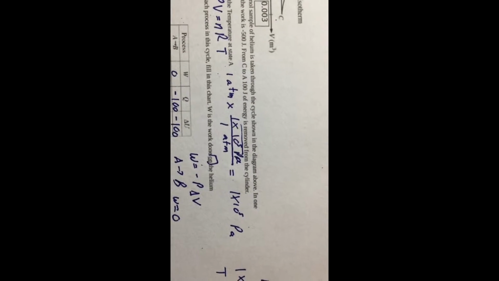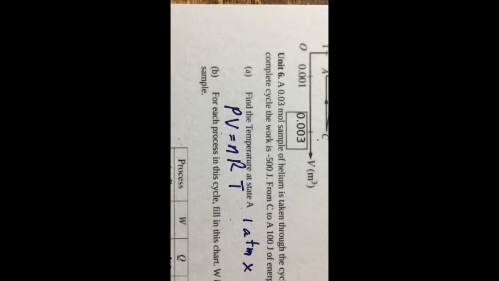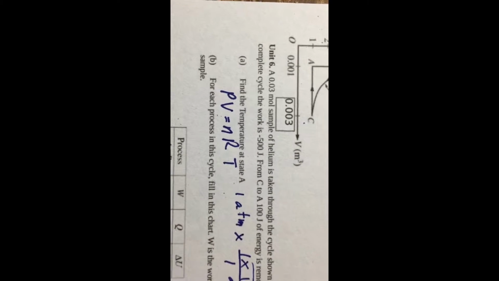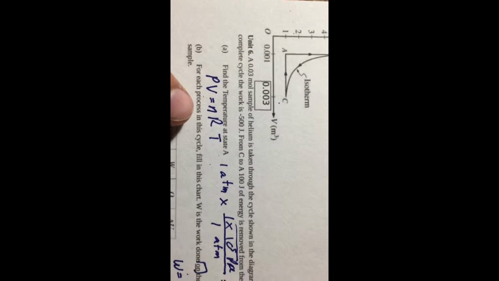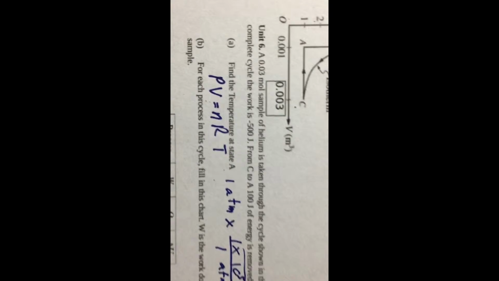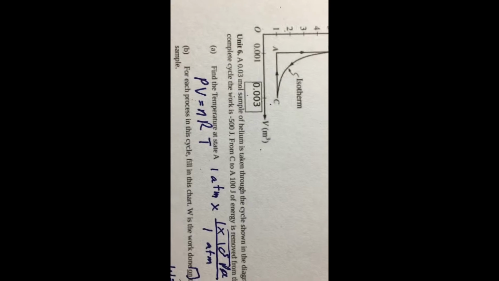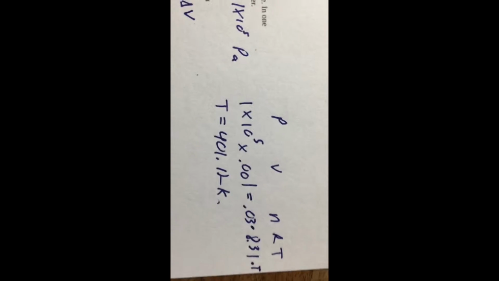Then, using the equation PV equals nRT, we can use the pressure that we now have, the volume, n, the number of moles, and R, the gas constant, to find T, the temperature in Kelvin. Once you realize that, you just plug everything into the equation.